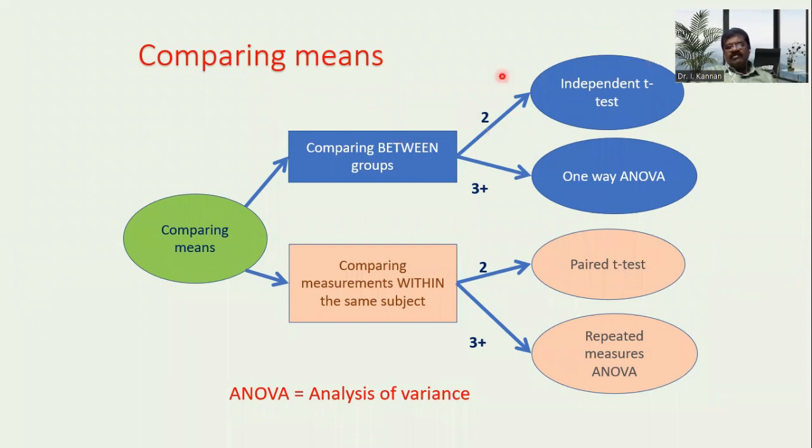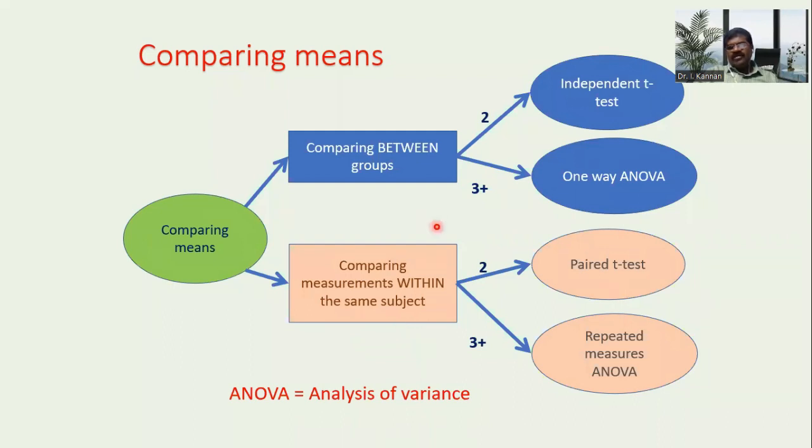If you have more than two, three plus, then you go for the one-way ANOVA. ANOVA stands for analysis of variance. Then, within the same subject, not the group but within the same subject.